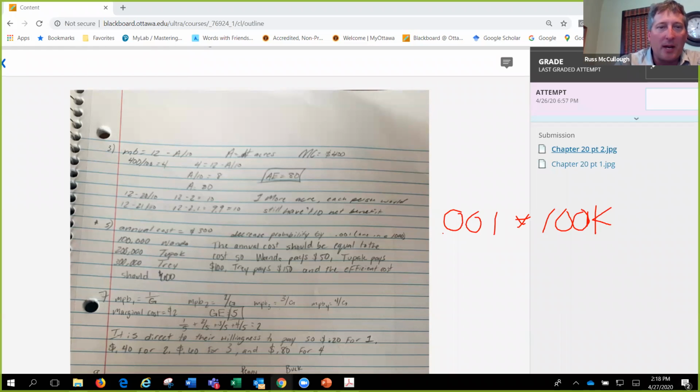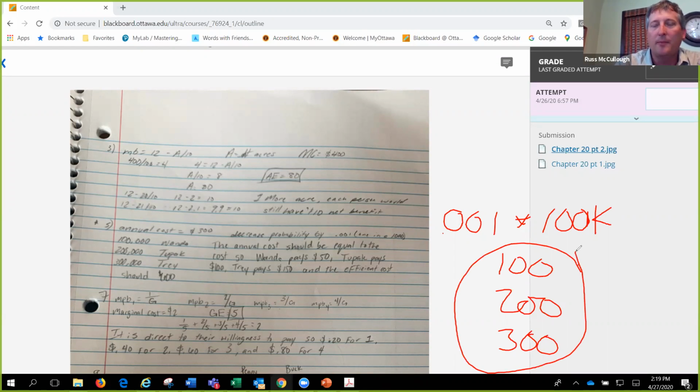With 2-Pac and Trey, all of these numbers are just going to go up accordingly, 100, 200, and 300, just because of the math. So that's the expected benefit for each person individually. And here's the thing: with the single fire department, we have a local public good going on.